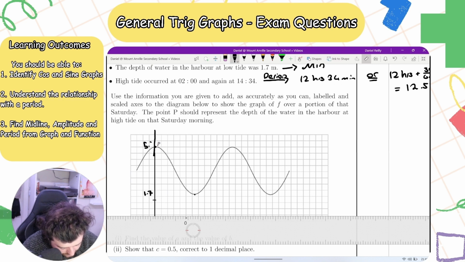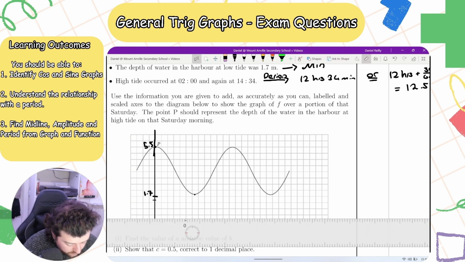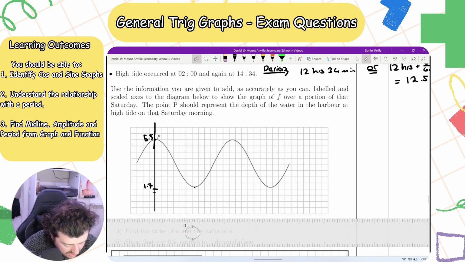So this is 5.5, this is 1.7. I'm going to scale this as accurately as possible. 1, 2, 3, 4, 5, 6, 7, 8. There are 8 boxes between 5.5 and 1.7.